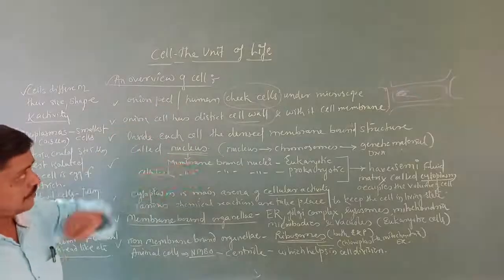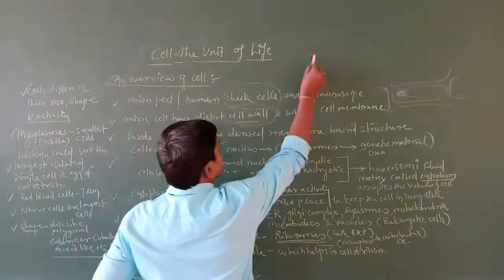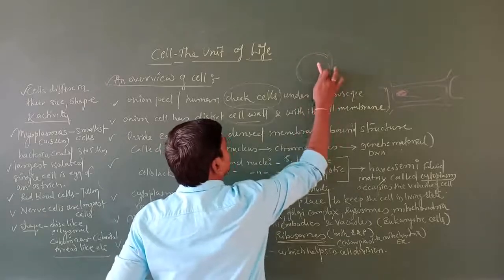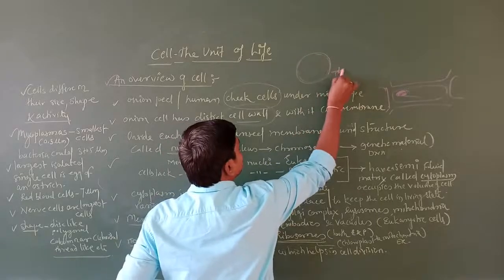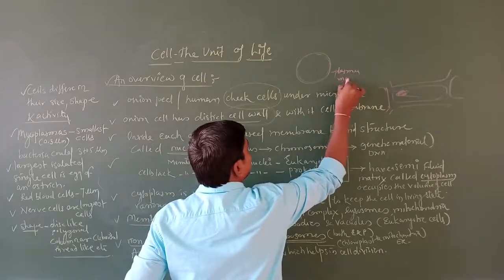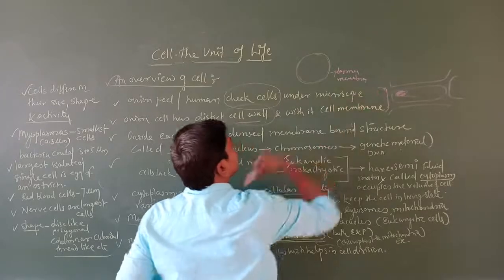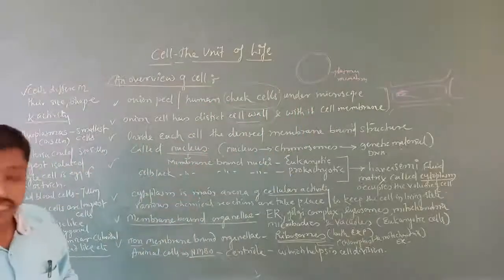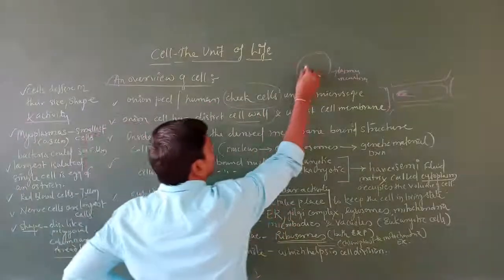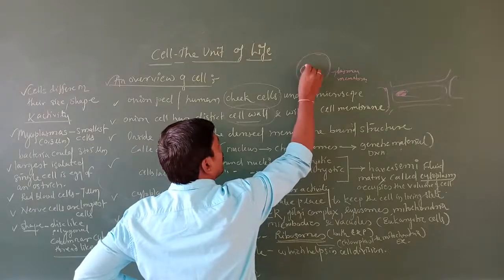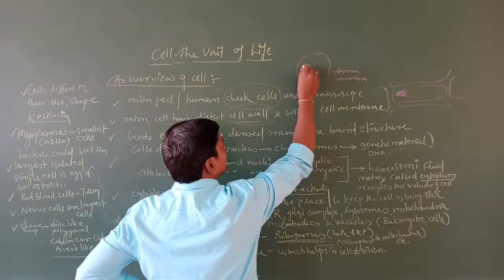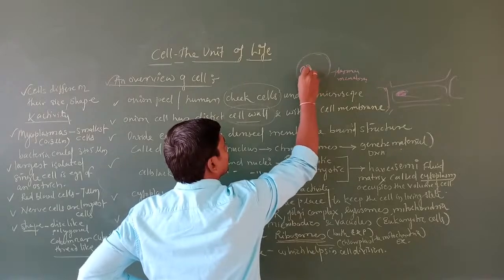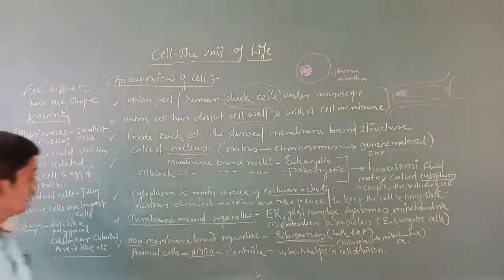Inside each cell, for example, I draw here a simple animal cell, and the outermost thin layer, we are going to call the plasma membrane. In the case of a plant cell, we get the cell wall outside, and inside we get the membrane bound organelle, which we call the nucleus.